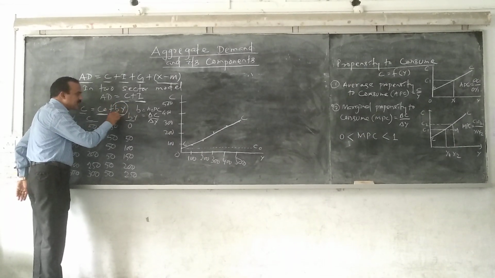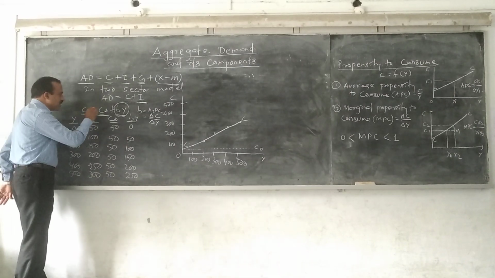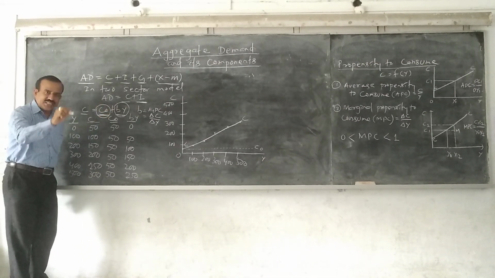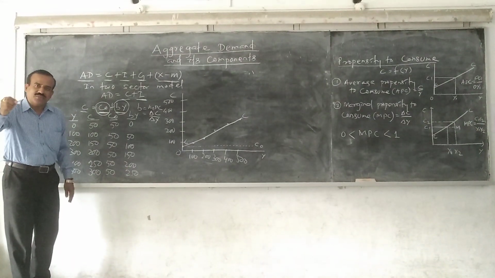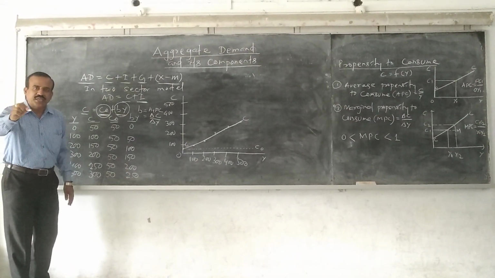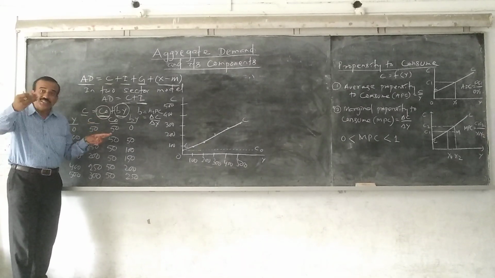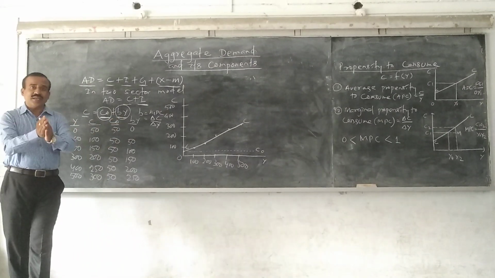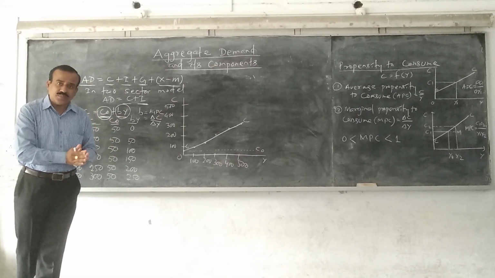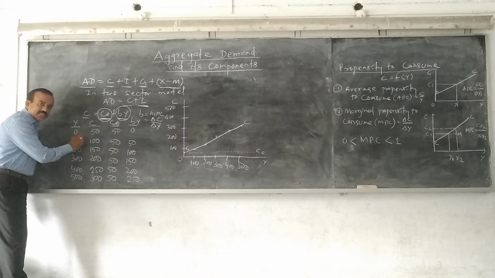This induced consumption depends on the level of income, whereas autonomous consumption does not depend on the level of income. With the change in level of income, there is no effect on autonomous consumption. But with the increase in income, induced consumption increases. You can understand the concept of autonomous consumption and induced consumption with the following example.